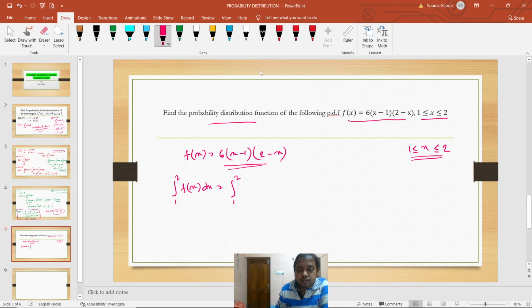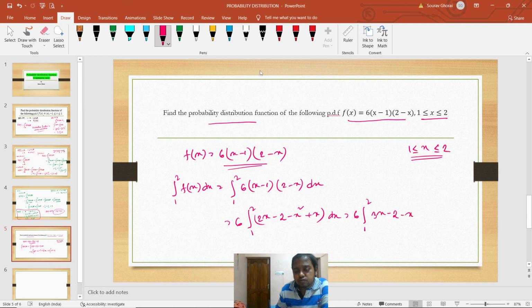That is 6 into the integral from 1 to 2 of x minus 1 into 2 minus x dx, and we will get 6 into the integral from 1 to 2 of 2x minus 2 minus x square plus x dx. So 1 to 2 we will get 3x minus 2 minus x square, and if we integrate we will get 3 by 2 x square minus 2x, from 1 to 2, minus 1 by 3 x cube from 1 to 2.